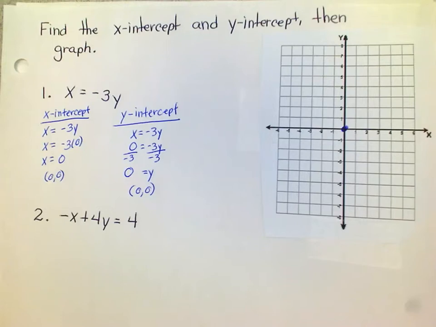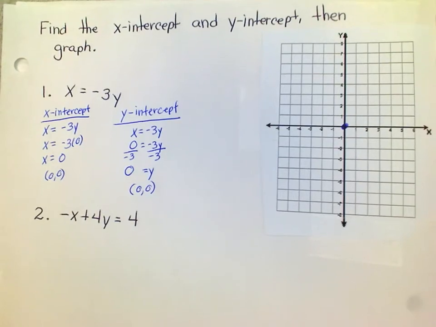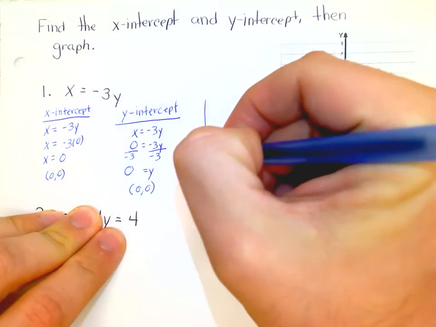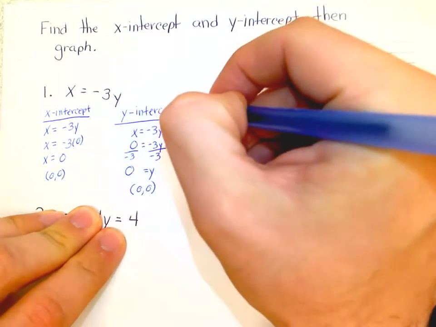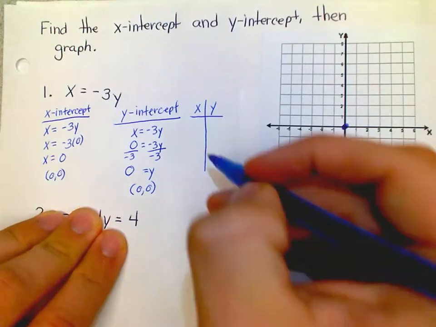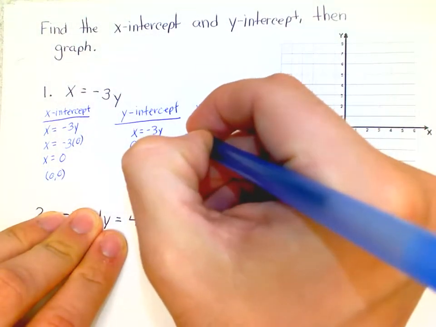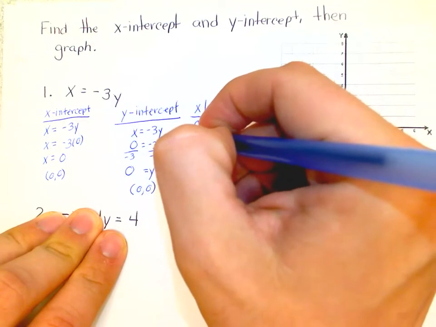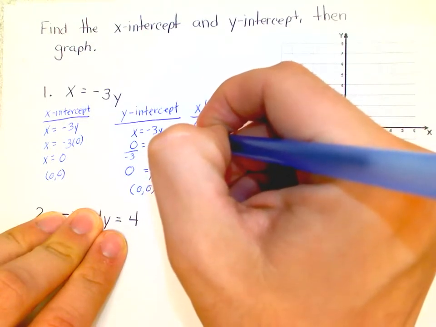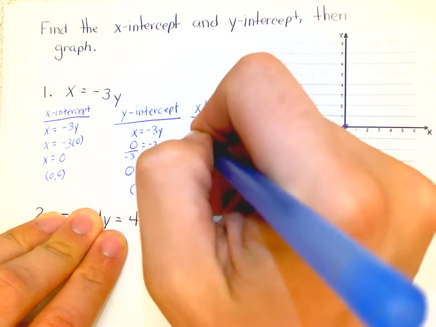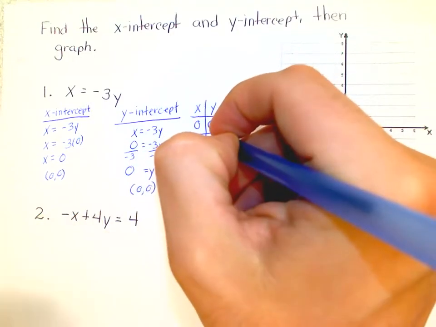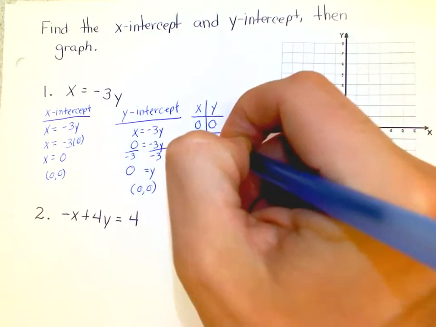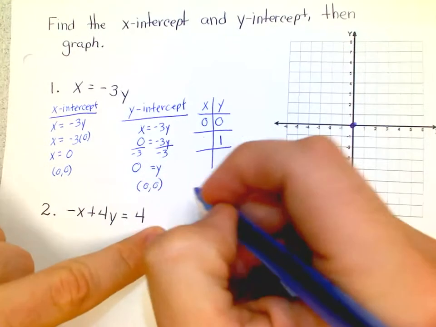But if we try number 2, to continue on, what you want to do is build an XY chart, and we know that 0 will yield 0, so we may want to do maybe when y is 1. So what we want to do there is rewrite our equation.